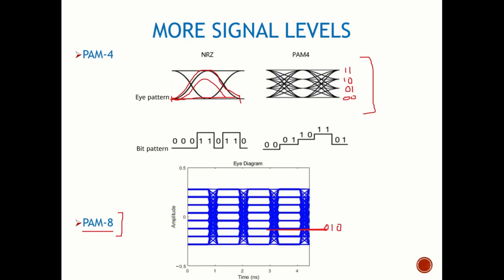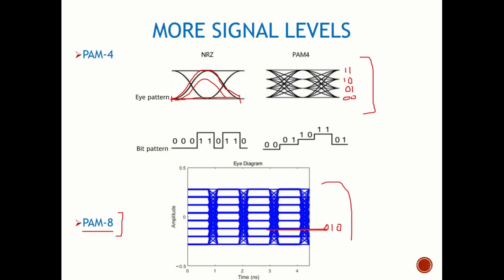That means for the same bandwidth, because the pulse shape is the same, we have the same frequency components in the frequency domain, and we are able to transmit more data per second. But there is a catch in this.